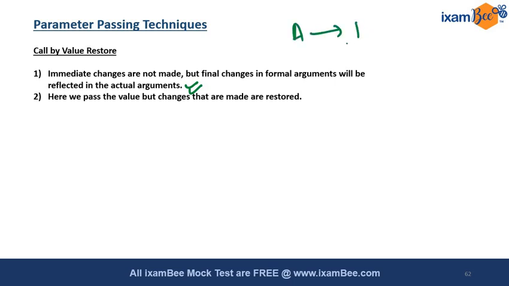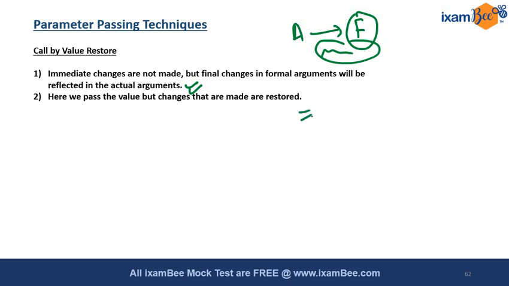From the actual, you get the value to the formal. Whatever you change in the formal parameters with reference to the actual parameter will not be reflected immediately. It will be reflected only after the final execution.